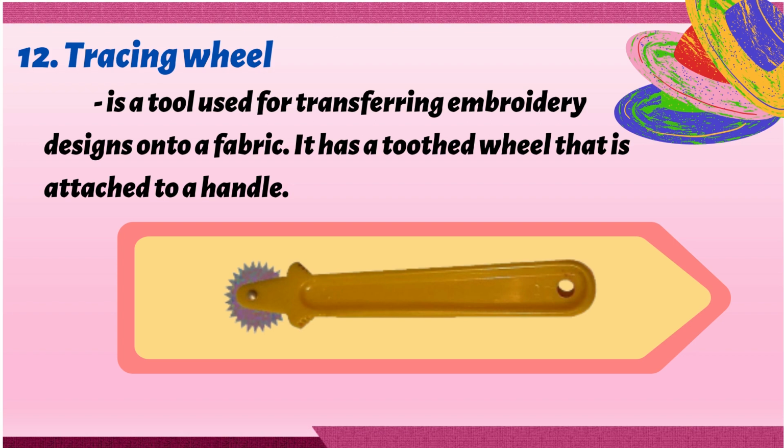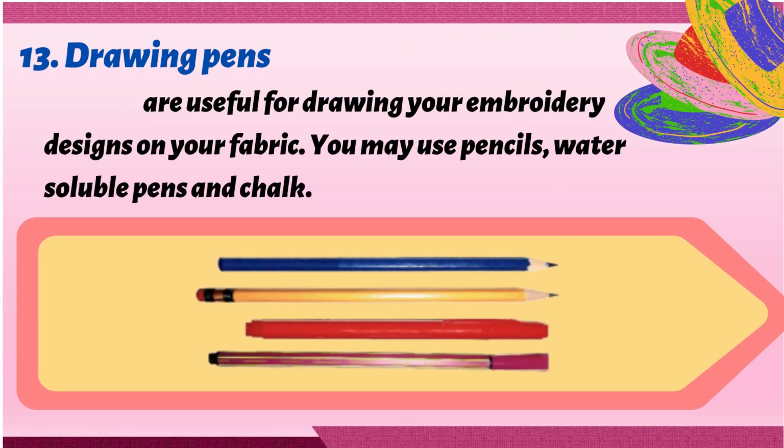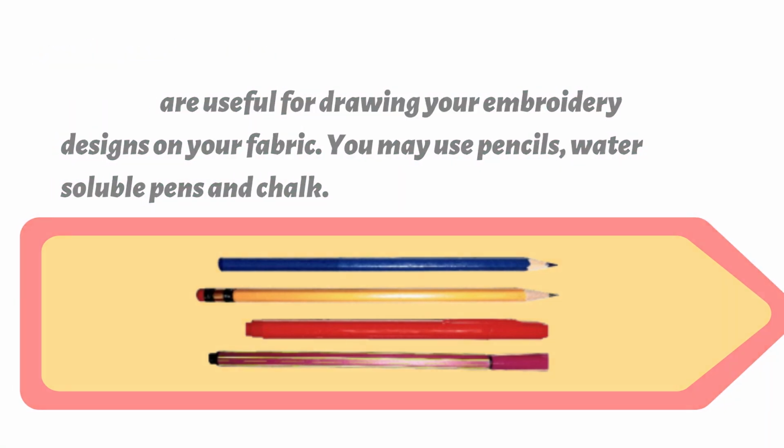It has a toothed wheel that is attached to a handle. Drawing pens. Drawing pens are useful for drawing your embroidery designs on your fabric. You may use pencils, water soluble pens, and chalk.